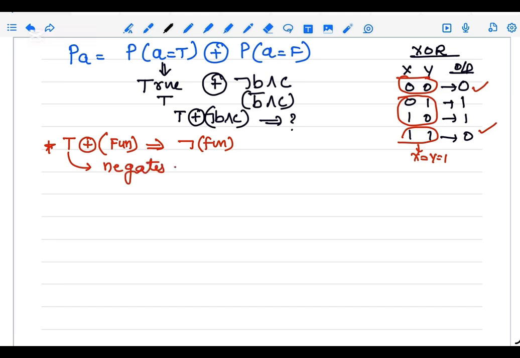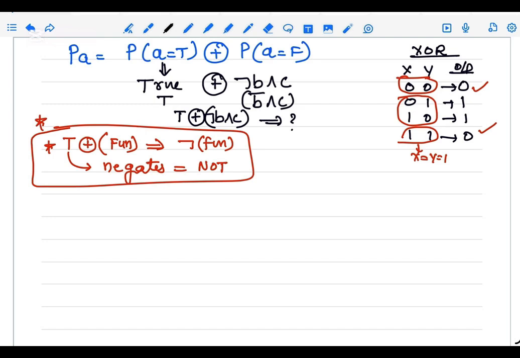Negates means negation, the NOT gate. Not of this function. This one is also important, you can remember. So true XOR with any function, where function means any predicate or any Boolean expression in terms of variables, clauses B and C or anything, gives the not of that function.